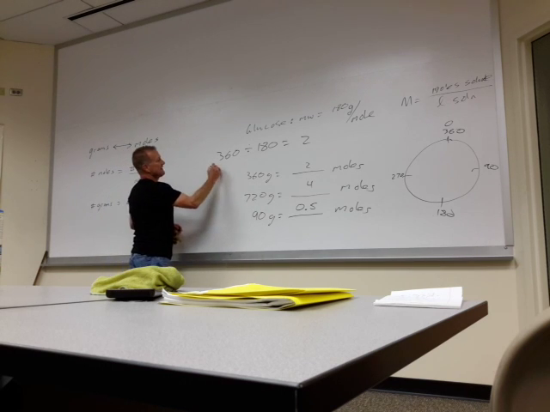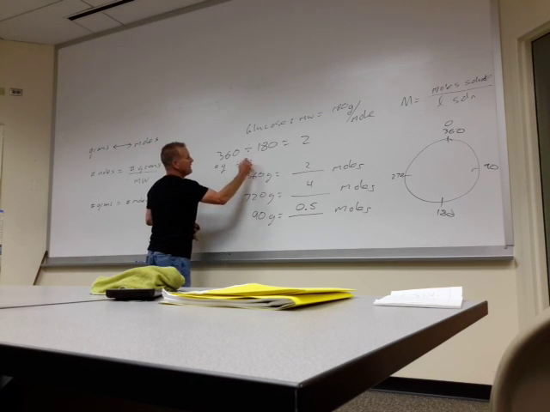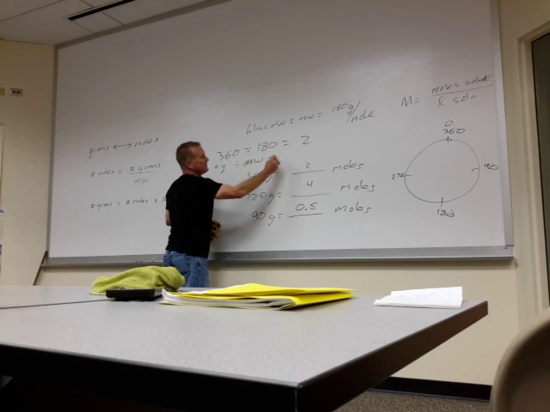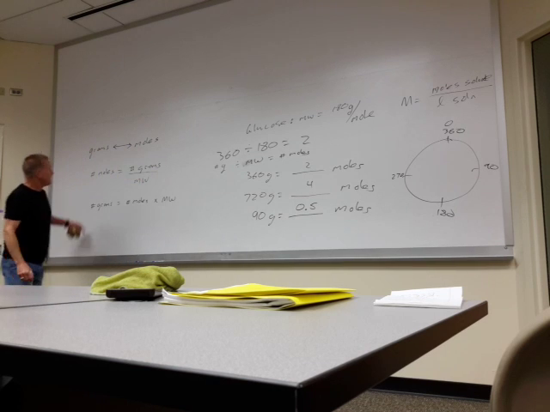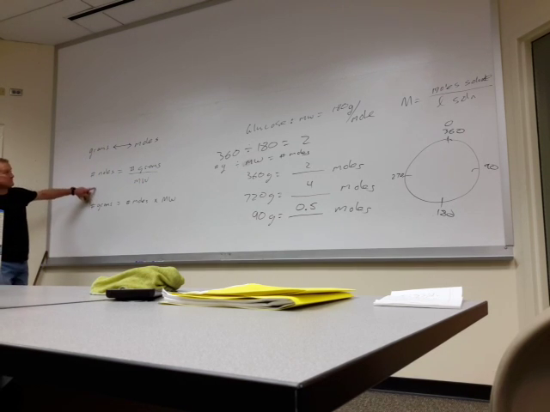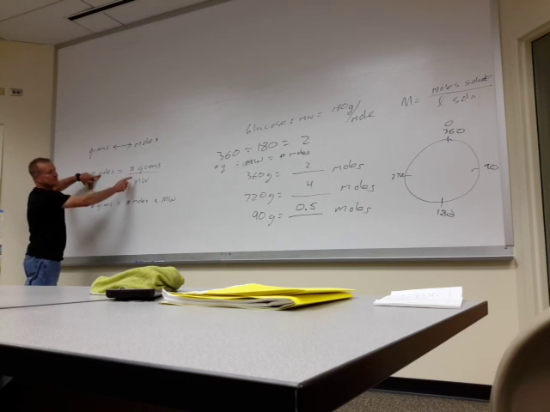What's the 360? It's the number of grams you have, right? What's the 180? The molecular weight. And what's the 2? Number of moles equals number of grams divided by molecular weight.